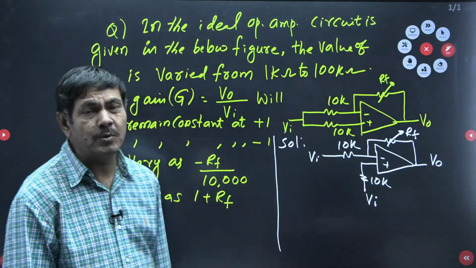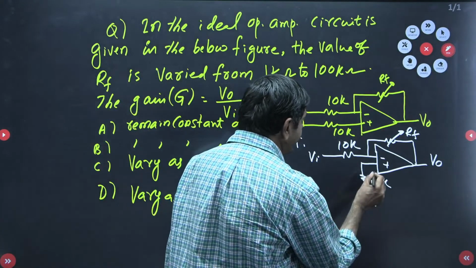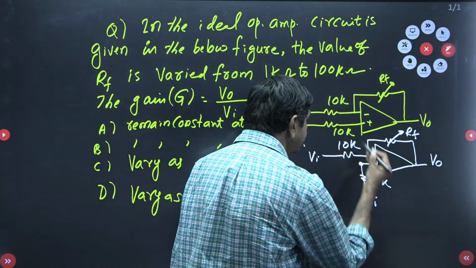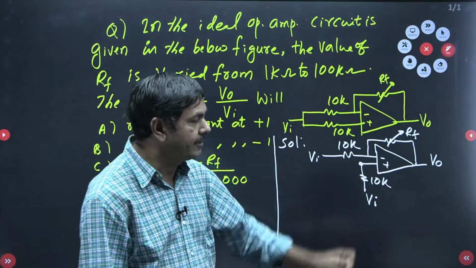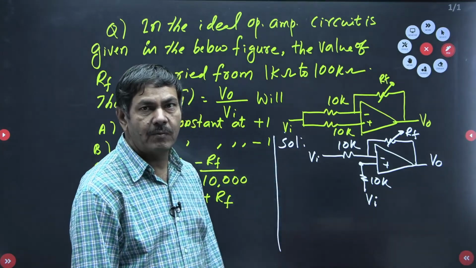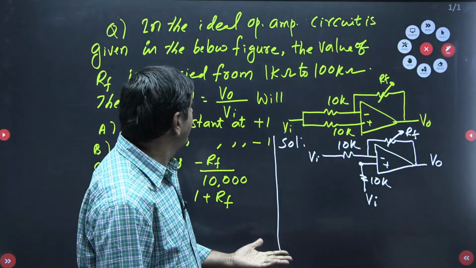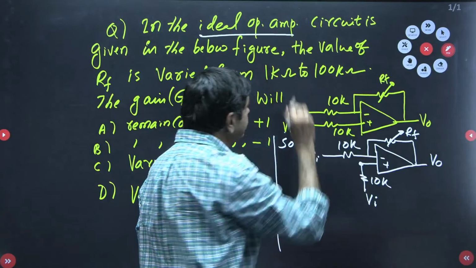It is a very simple question. Anybody can do this. But you know very well, what node voltage is possible here now? What node voltage can we get here now? We cannot find any current across 10K. What is the reason? The input impedance of operational amplifier is very high because it is an ideal op amp, it is given clearly.